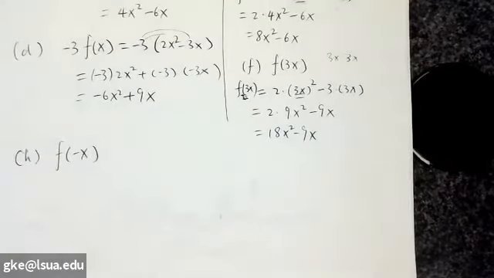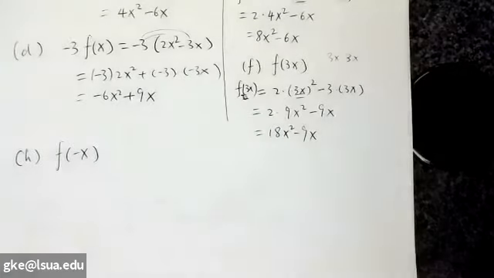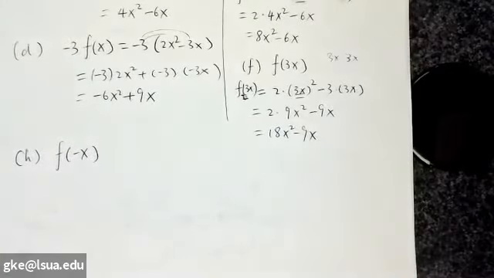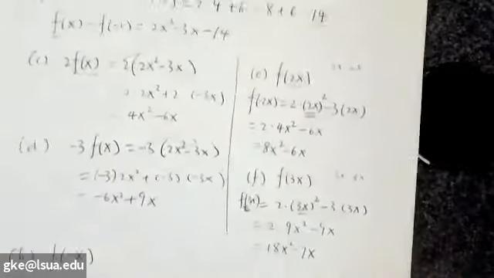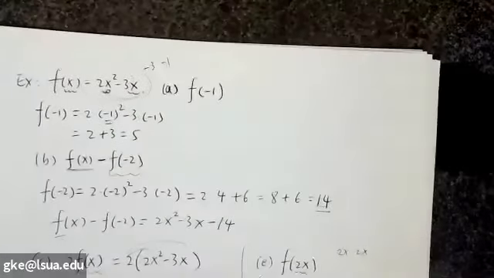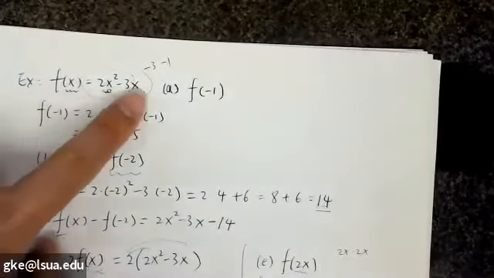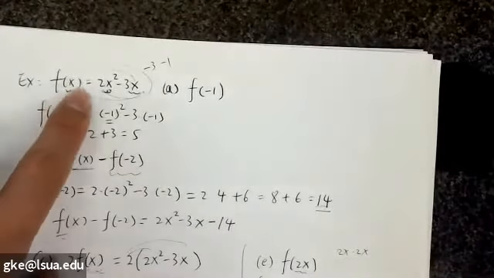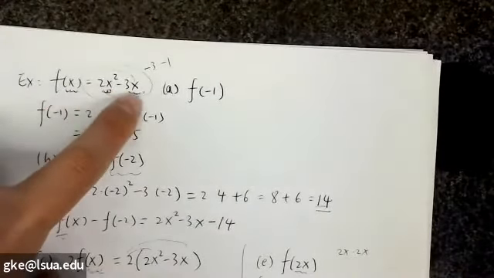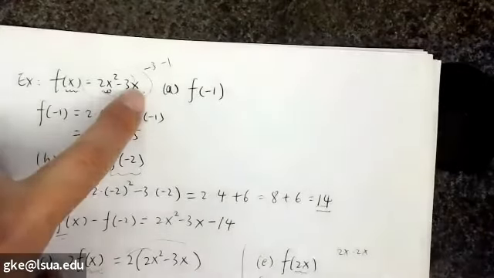Let's take a look. Let's go. So f(-x) is going to be what? Very similar. Here's x, so replace the x by negative x. Replace this x by negative x.